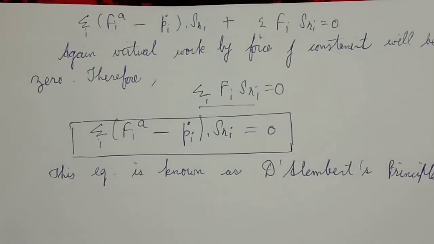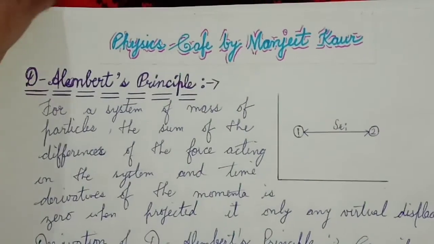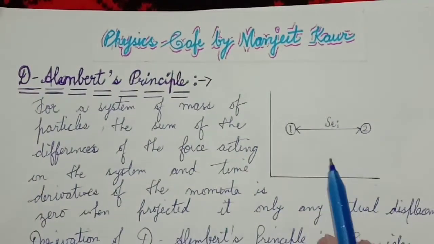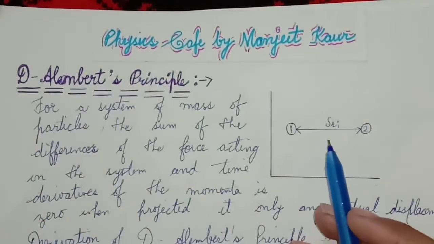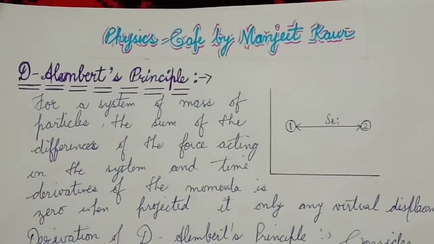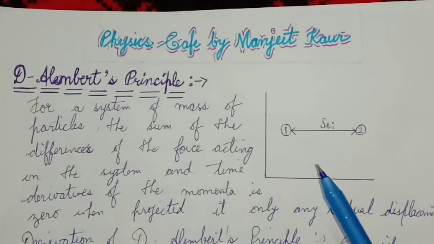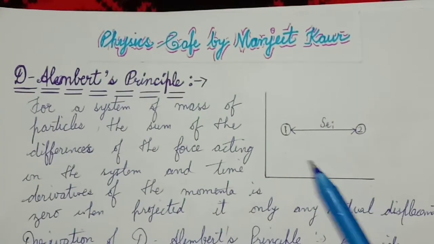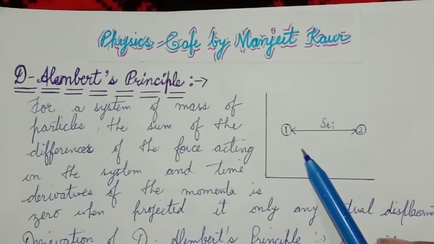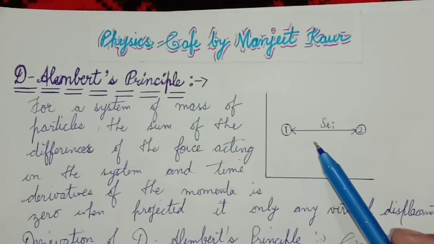Again I discuss all once. This is our diagram in which we have a number of forces and a number of particles. So we have two types of forces. First is applied force and second is constraint force. And we have two types of cases. First is equilibrium and second is dynamic.